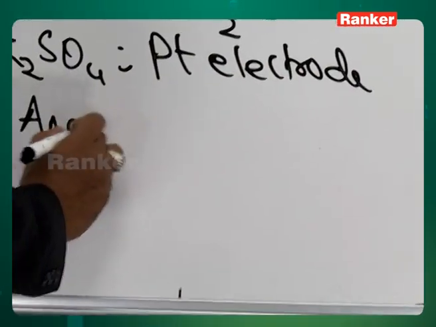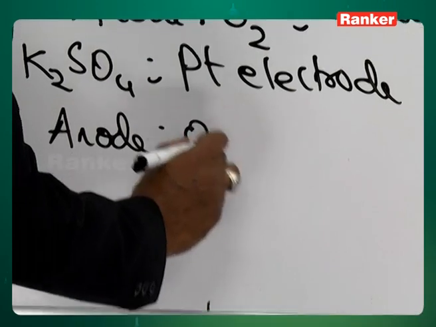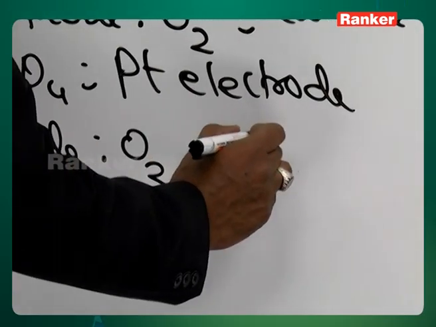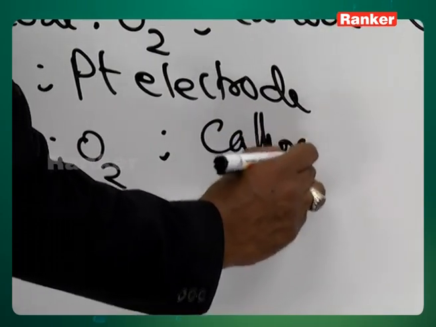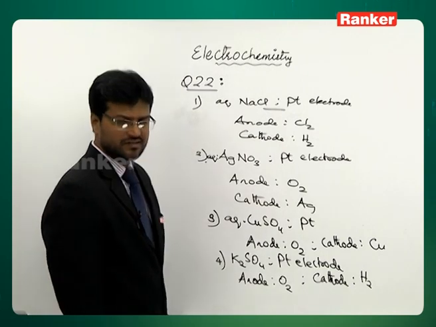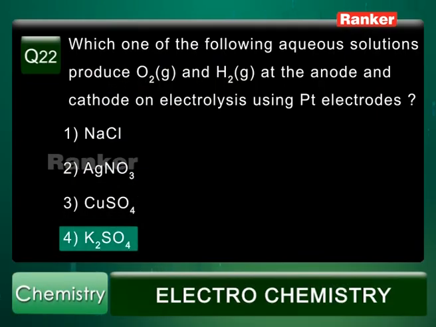At anode, this will produce oxygen because sulfate cannot be oxidized, and then at cathode, this will produce hydrogen gas. So, the correct answer is fourth option.